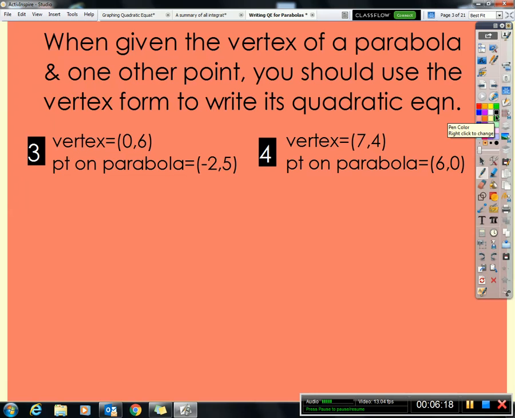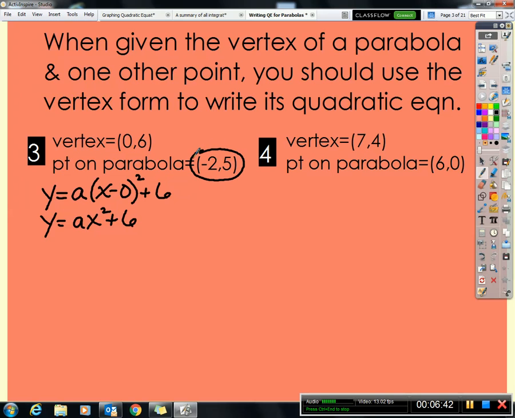So y equals a, which I don't know. Since the vertex is (0, 6), it's going to be (x minus 0) squared plus 6. All right, we'll make that easier. (x minus 0) squared is just x squared plus 6. So let's make it easier to plug in. You're missing a. What do you do to find a? Plug in the extra point.